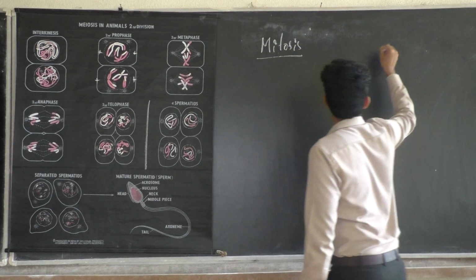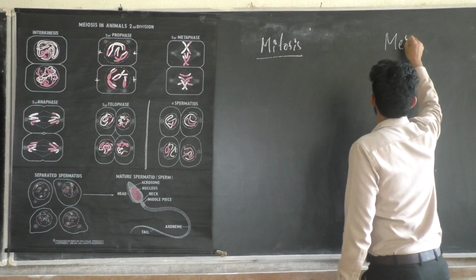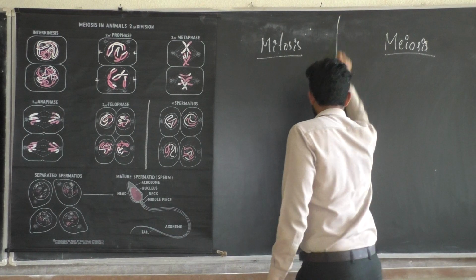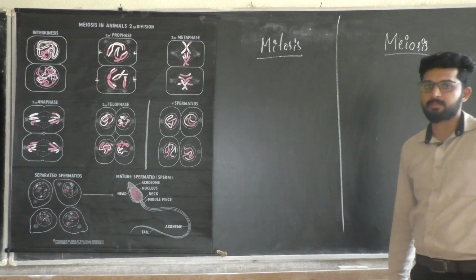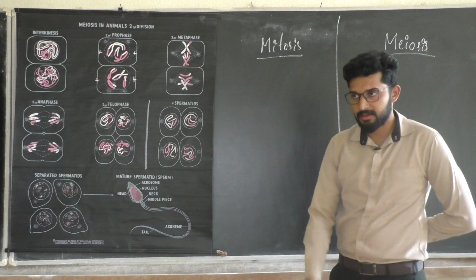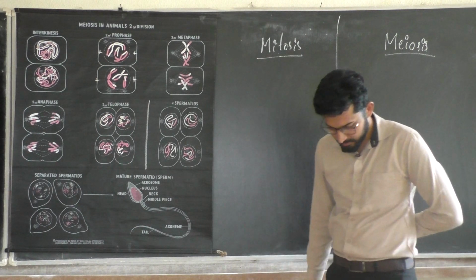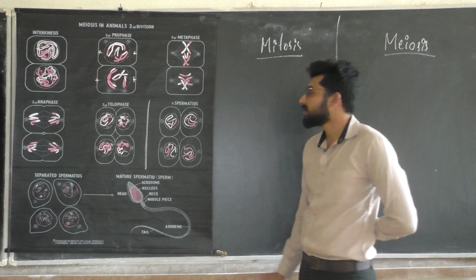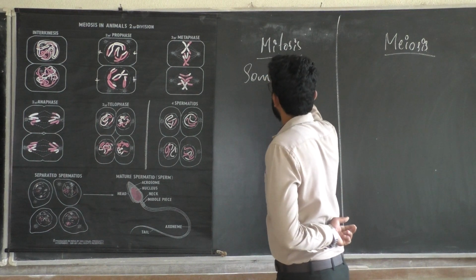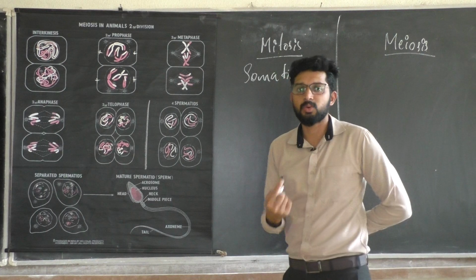Mitosis, meiosis. What is the difference between mitosis and meiosis? Mitosis is a very important process, and you can witness mitosis in somatic cells. Somatic cells are the cells responsible for growth and development.